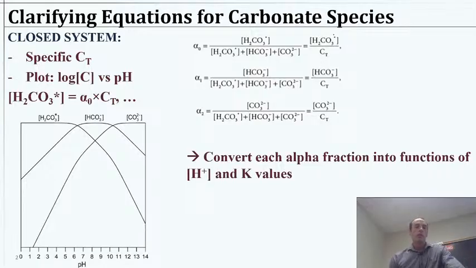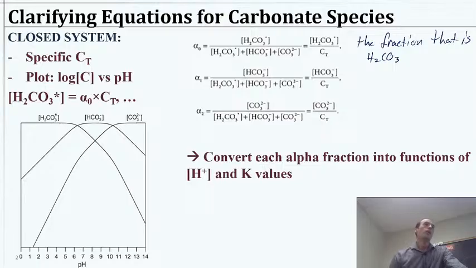Of course, the definition of one of the alphas is the fraction that is that species, right? Alpha 0 is the fraction that is, so alpha 0 means it's lost 0 protons, so that would be H2CO3, right?